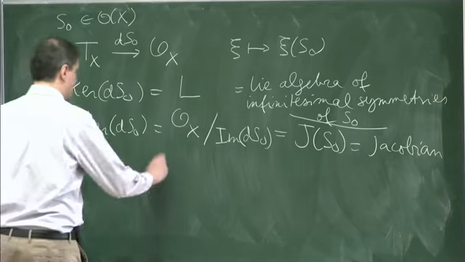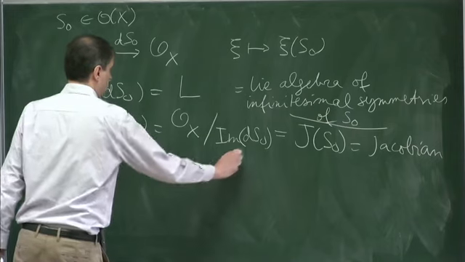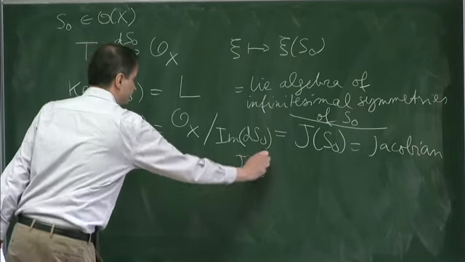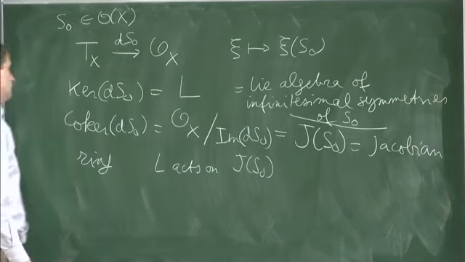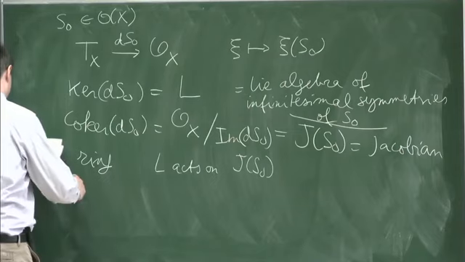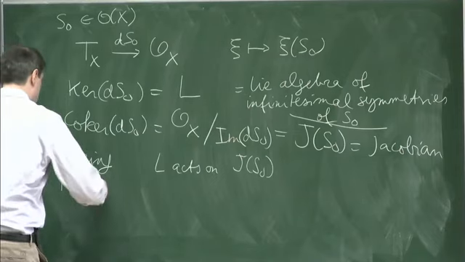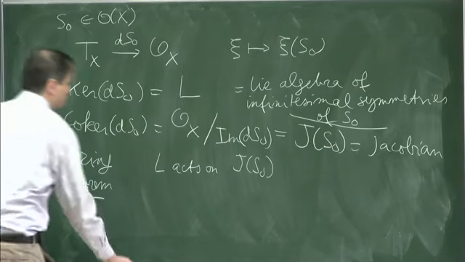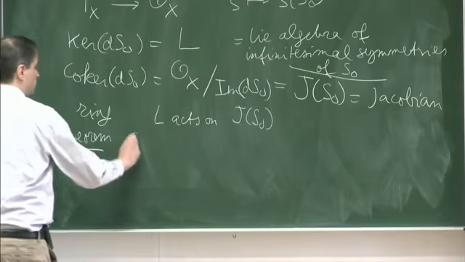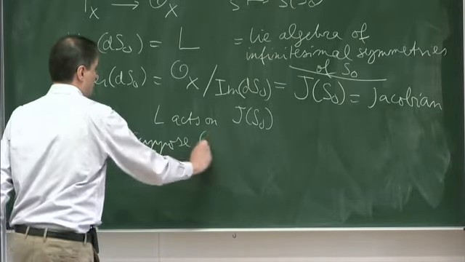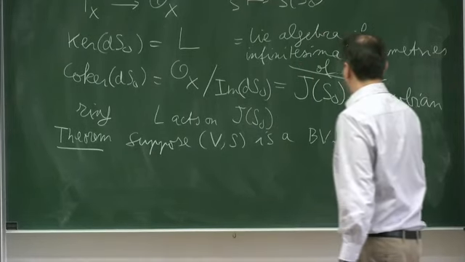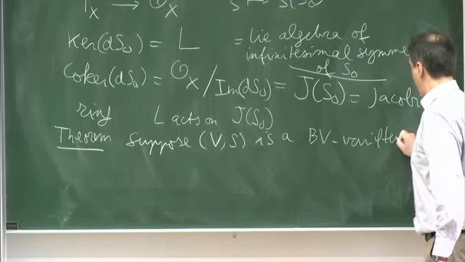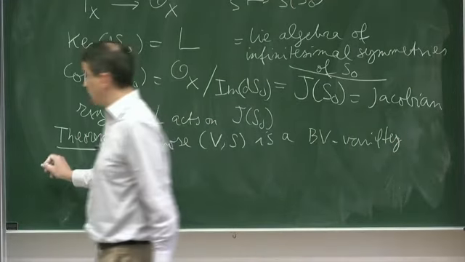And L acts on the Jacobian ring. So it's an algebra, and you have a Lie algebra acting on it. And now the claim, a simple consequence of the axioms, is: suppose V, S is a BV variety with this support.